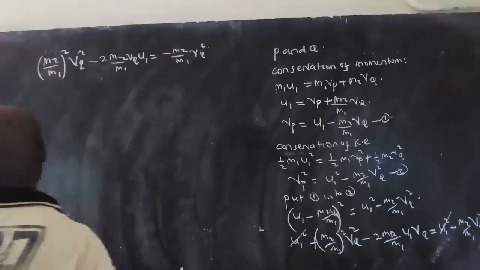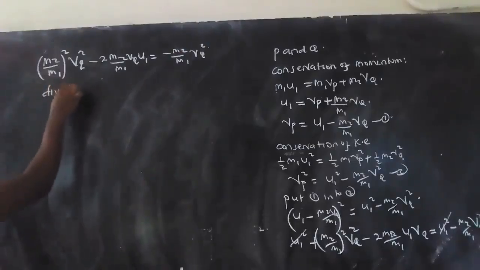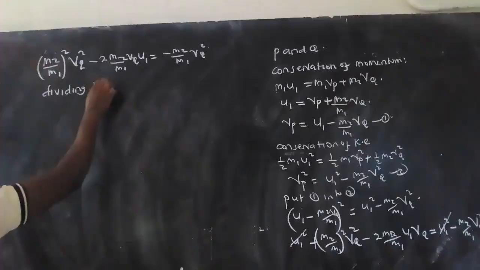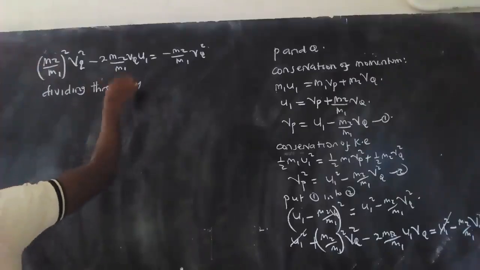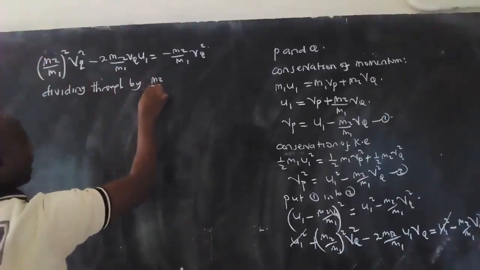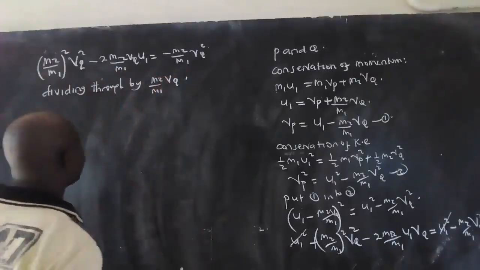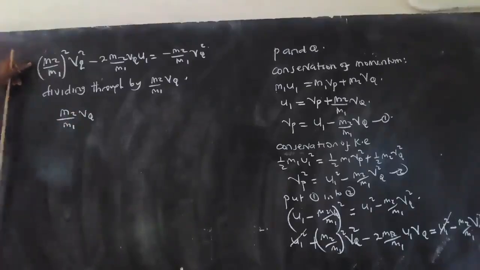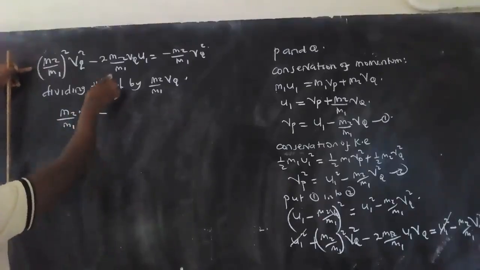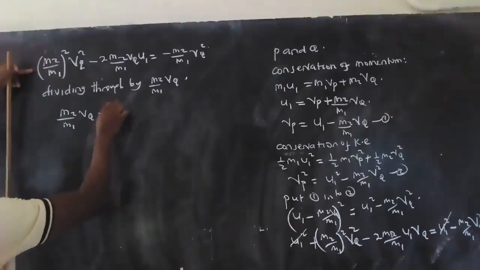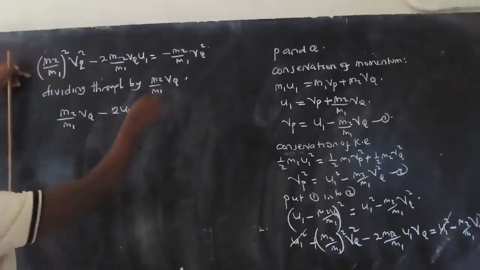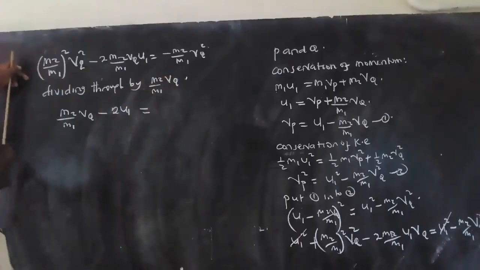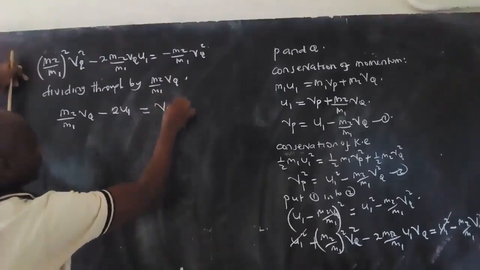So dividing through by M2 over M1 V2, we end with M2 over M1 V2, minus 2U1 on the left. The other side will be negative, M2 over M1 will go, V2 will go, so we are left with V2.